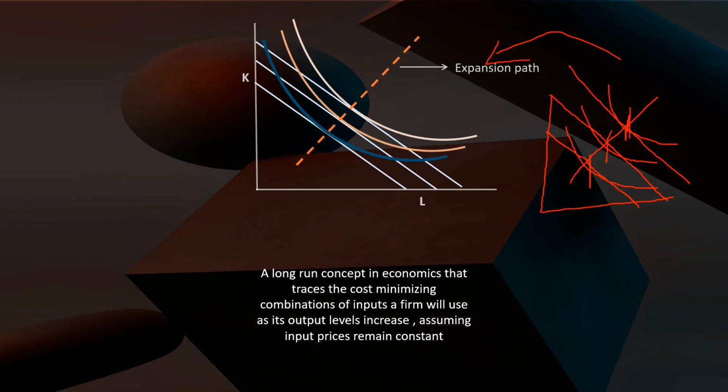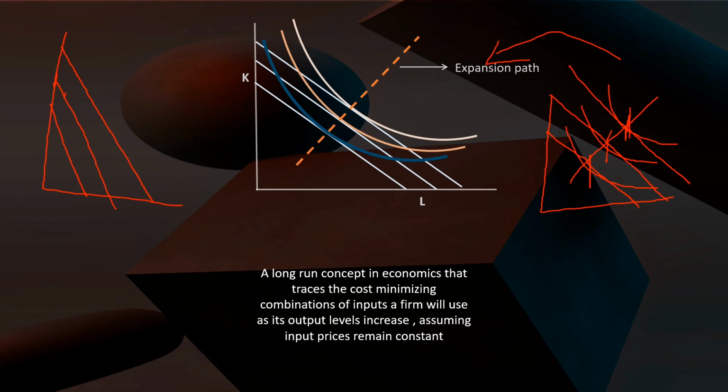If we define it in terms of economics, it is a concept that traces the cost-minimizing combination of inputs a firm will use as its output levels increase. Let's say this was the initial cost line of a company. As it becomes more successful, as it expands, its cost constraints decrease. As a result, its cost line gets higher, and its budget basically increases.